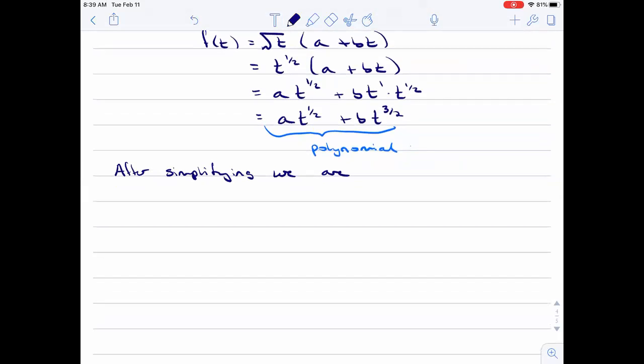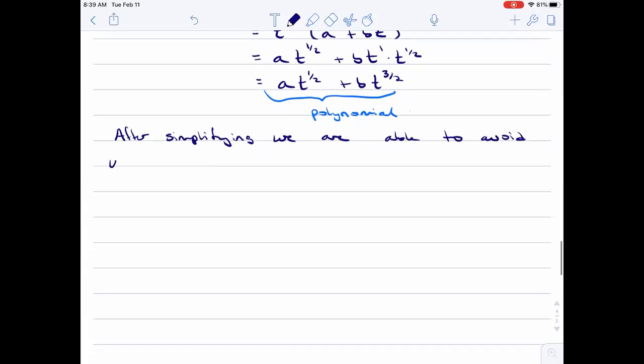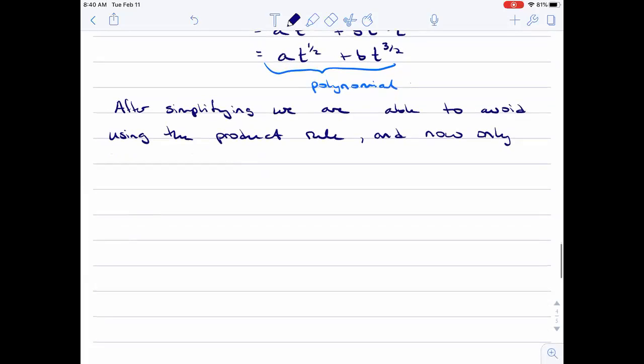Oh, wow. After simplifying, we are able to avoid using the product rule and now only need to use the power rule.